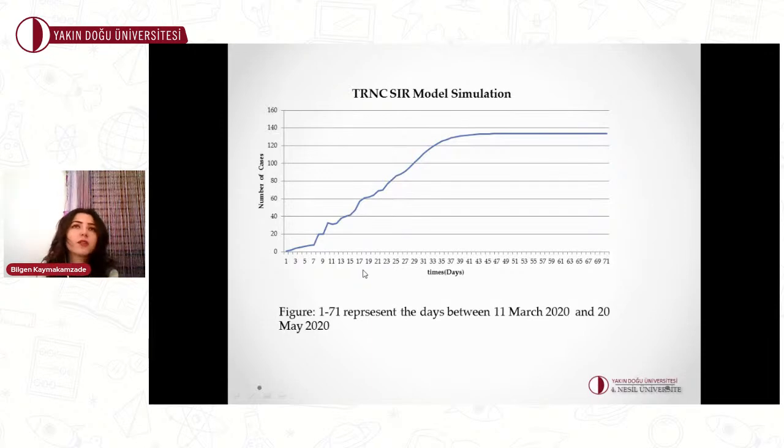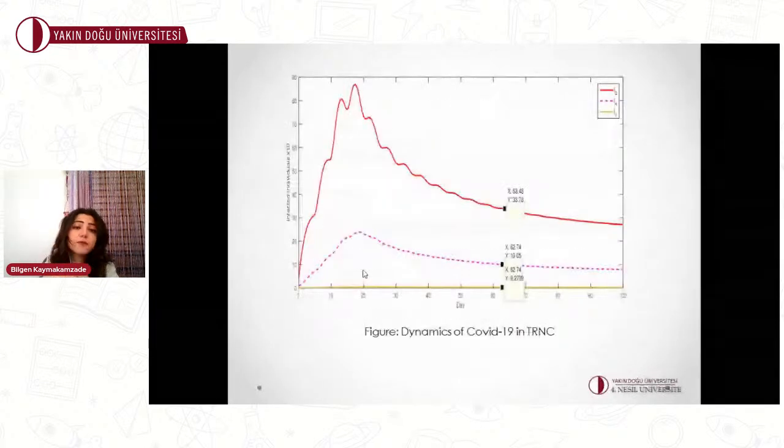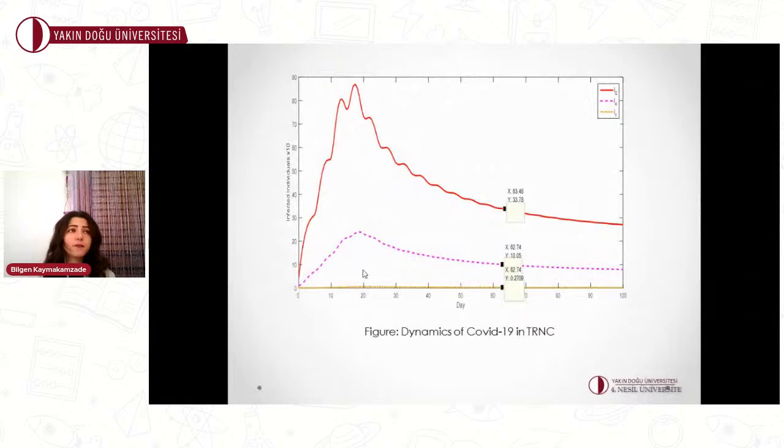I'm talking about the first wave. Then after, of course, we had to open under control, and after we opened, we had the second wave of COVID-19 in our country.